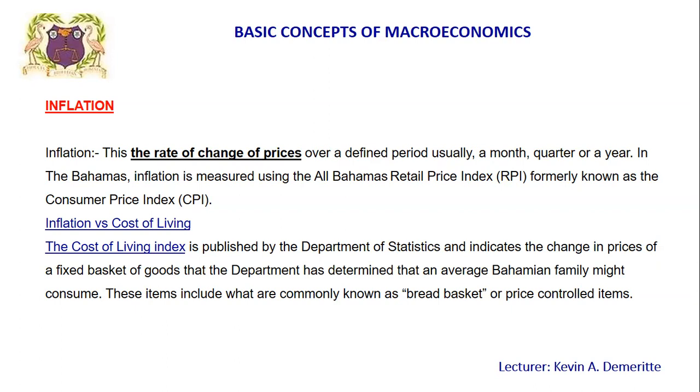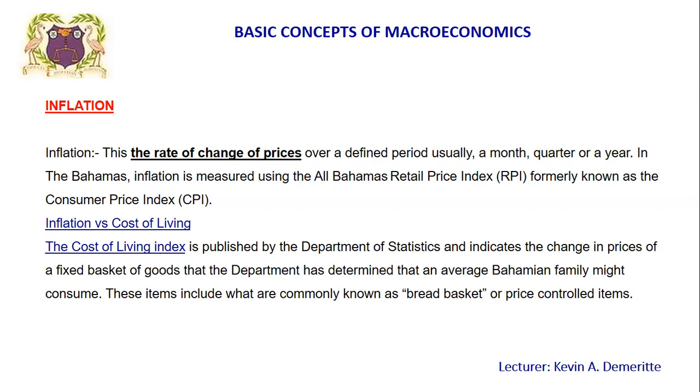Usually a month, we can measure it monthly, quarterly, or over the course of a year. All right, inflation is the rate of change of all prices in the economy over a defined period, usually a month, a quarter, or a year. And in the Bahamas, inflation is measured using the All Bahamas Retail Price Index, or RPI.